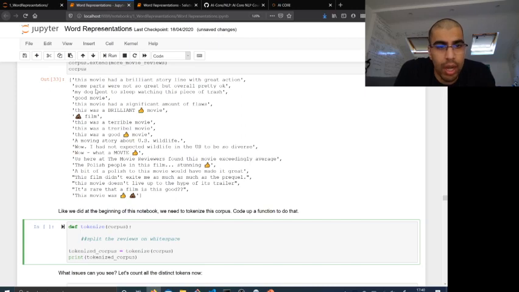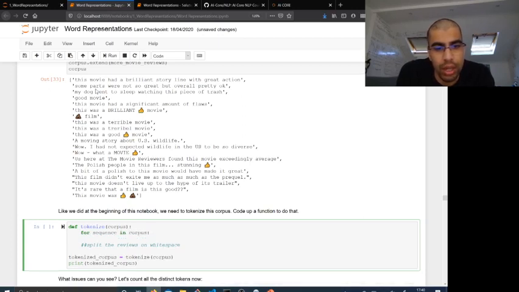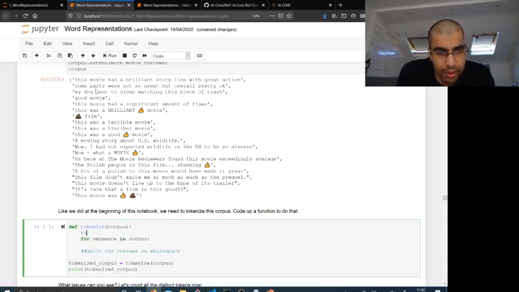So, for sequence in corpus, the tokenized corpus is going to be initialized as an empty list, and we're going to append the sequence which has been split on white spaces.